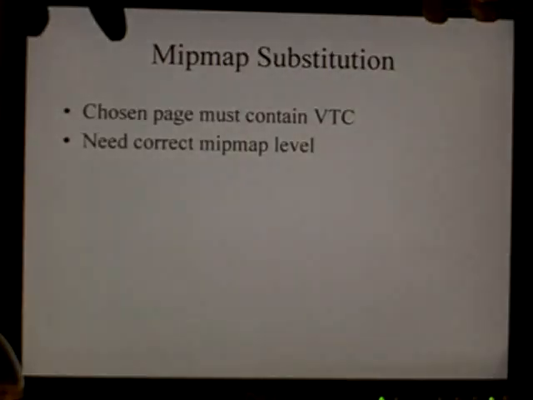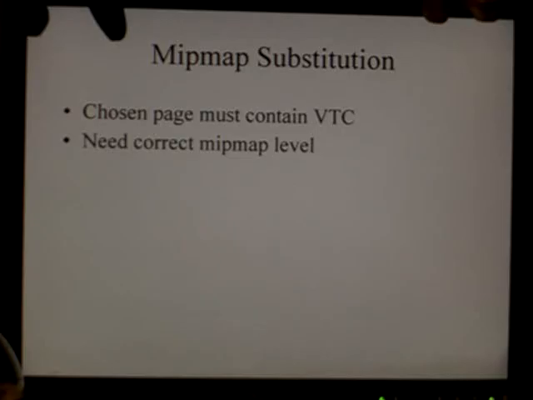The reason I need to do that is because for the mip substitution to work, we need two things to be true. Whatever page we end up choosing needs to actually contain whichever virtual texture coordinate we're at. As long as that page covers it, it doesn't matter what mip level it comes from, we can make this work.